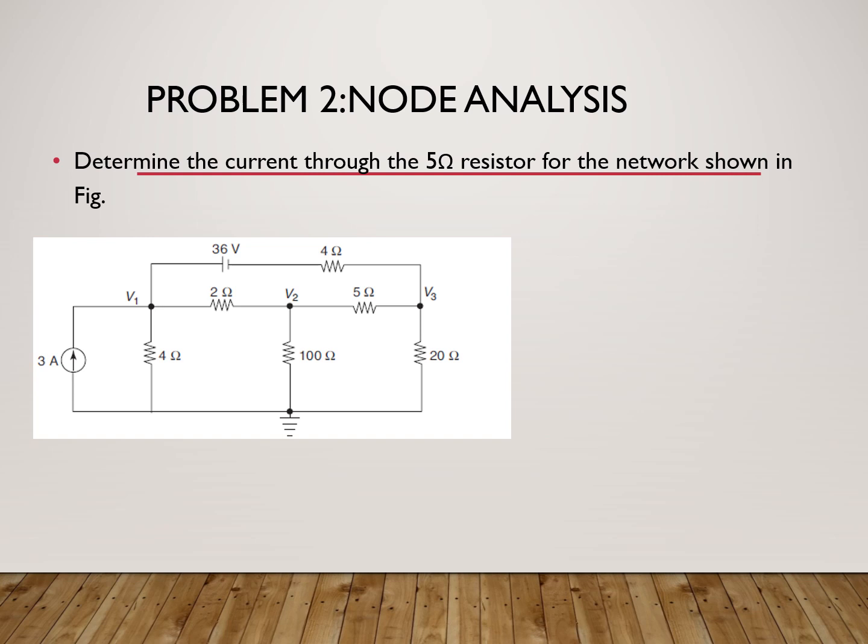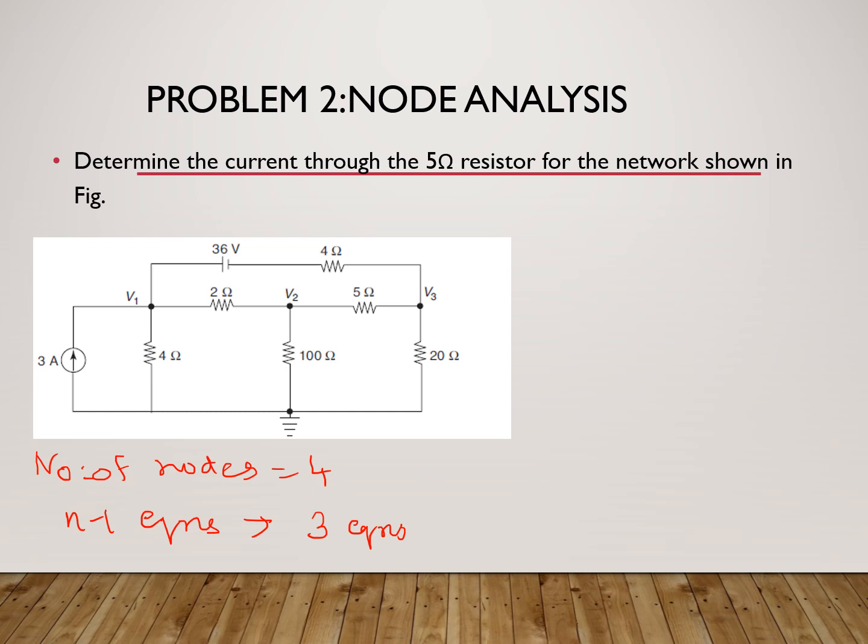Here the reference node is already shown, and we have totally 4 nodes. Out of these, one node is a reference node, so you've got n minus 1 equations. That is 4 minus 1, or 3 equations, which is obviously understood because we have 3 unknowns, V1, V2 and V3.